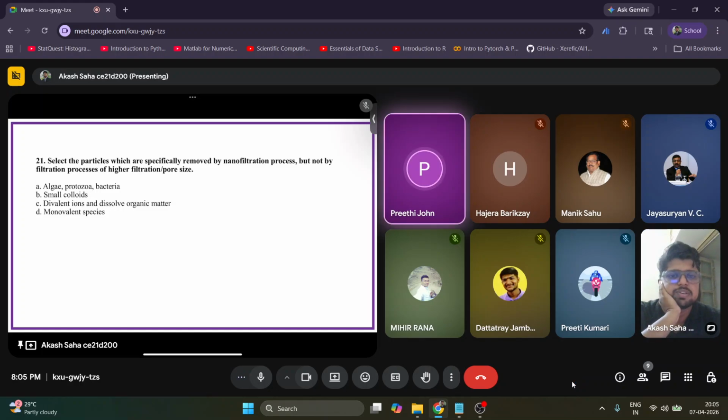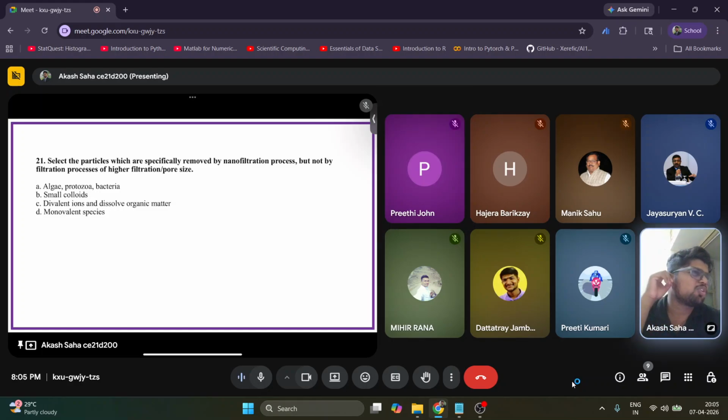Size of the filter. Generally we don't go up to 0.1, we keep it at 0.22. So 0.22 micron is the standard filter size that we use. Anything greater than that will be removed. Bacteria sizes are generally in the 1 to 2 micron range, so this can be removed by ultrafiltration.